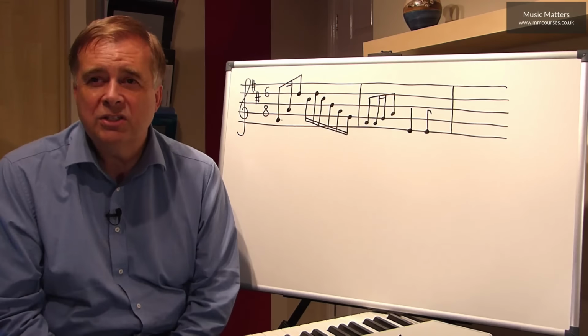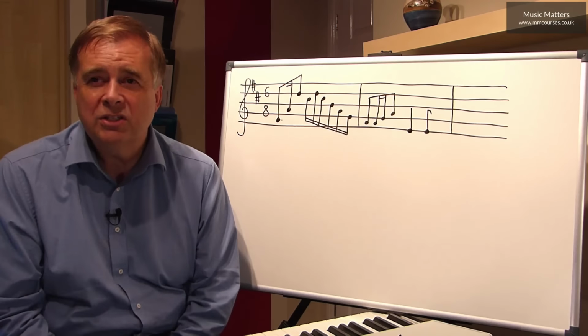That's the first section of a binary form piece. Well, if something's in binary form, it means it has 2 sections. We have an A section that will come to a very clear cadence at the end, usually with a double bar line, sometimes with repeat marks that repeat the A section.